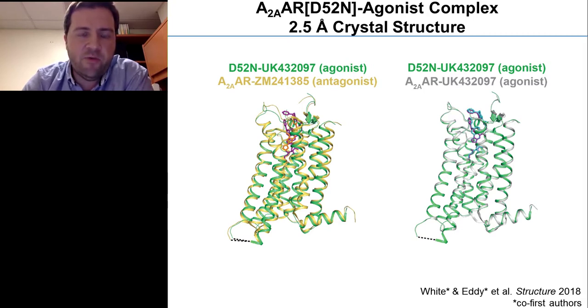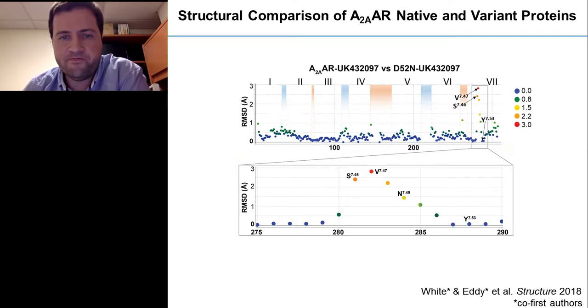And that's superimposed over the structure of the native protein in complex with an antagonist, that's in yellow. And you can see that there are subtle differences between the two. On the right, we have a superposition of the variant protein in complex with the agonist, again, superimposed with the native protein in complex with the same agonist, and the structures are essentially identical from this view.